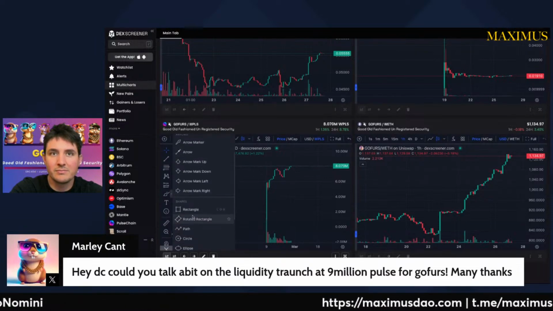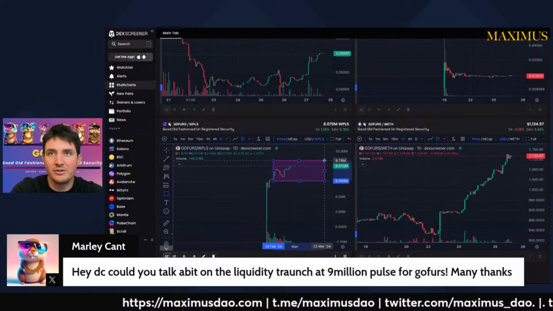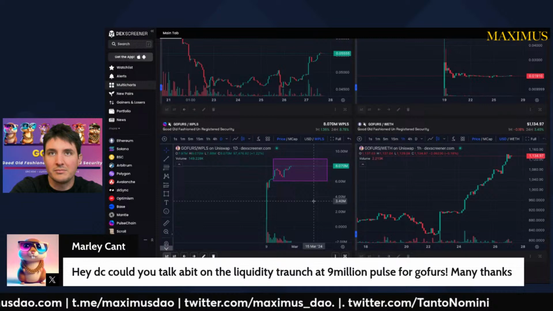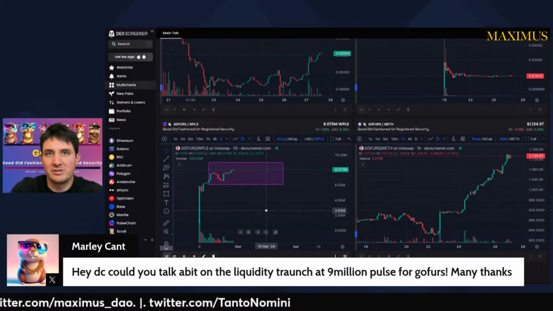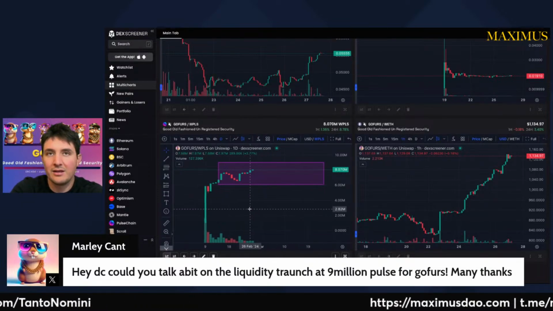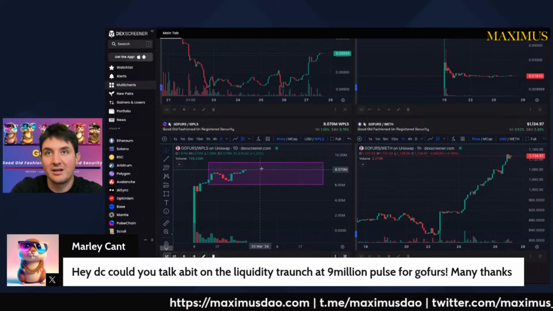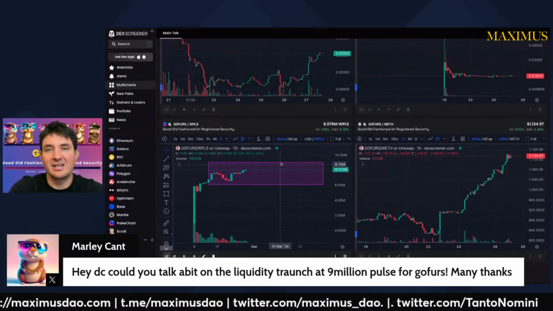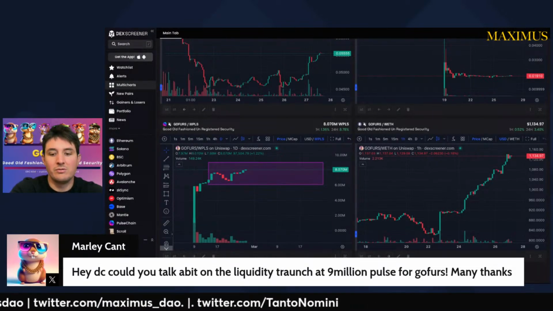Here we go. So basically in between 6 and 9 million pulse, there were a couple thousand Gophers available for purchase. And as you see, a lot of it has been bought up, and now we're at the top part of this where there's only the 8 to 9 million pulse price range.